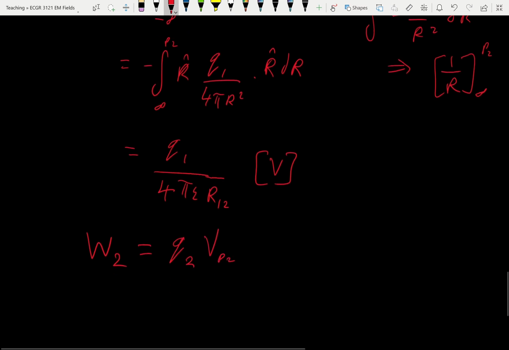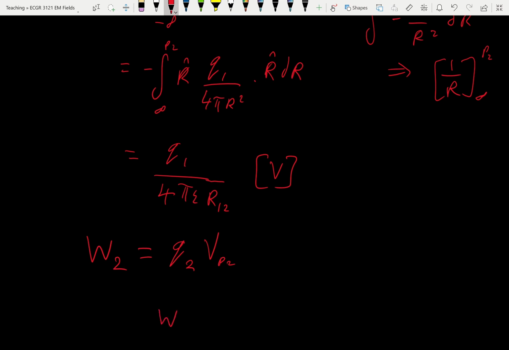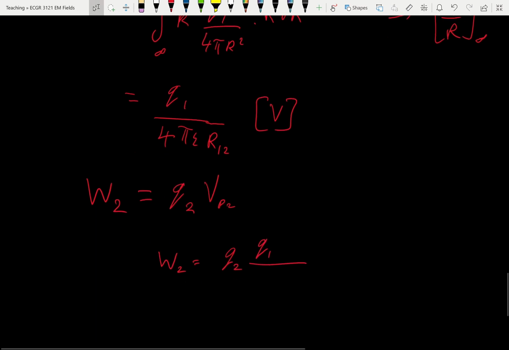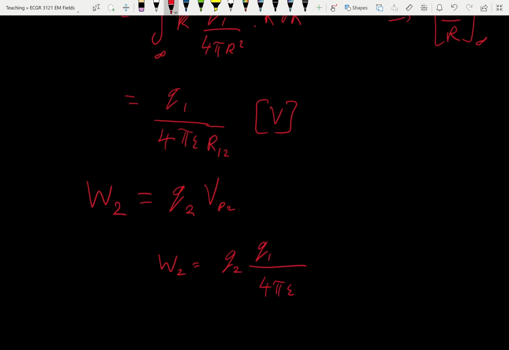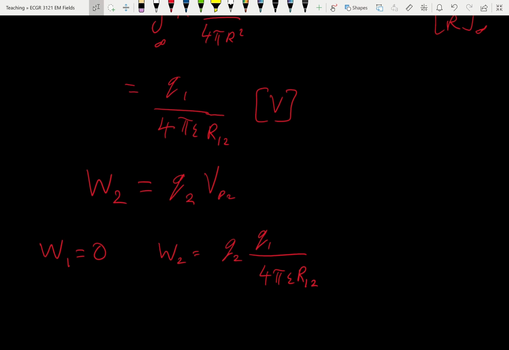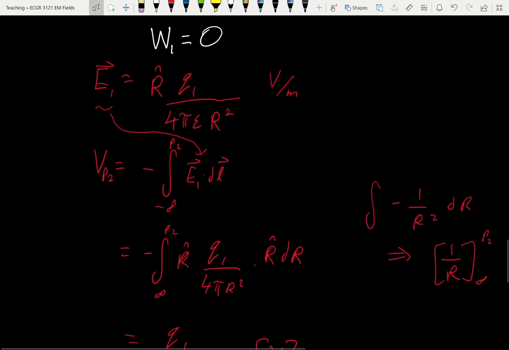So W2 is Q2 Q1 over 4 pi epsilon R1,2. Remember, W1 was 0, and W2 now is this quantity. So you see, notice the progression that's happening there.